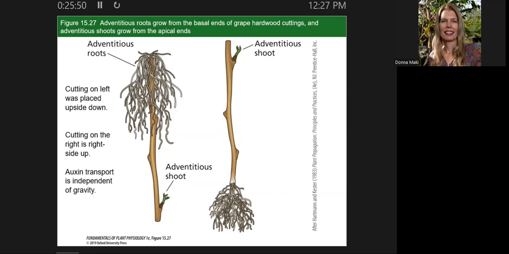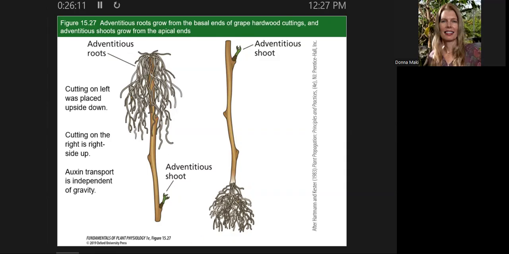If you put it in upside down, you'll get roots forming out of the top. So that's confused people in the past, like, why is my section of Sansevieria leaf forming roots on the top? It's because you accidentally inverted it. So, interesting phenomenon.